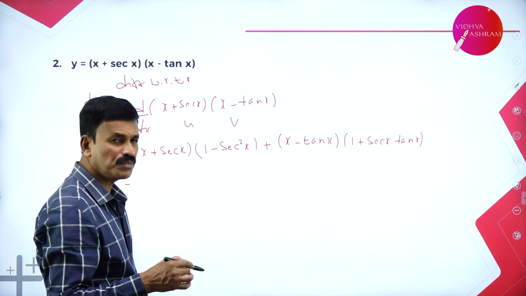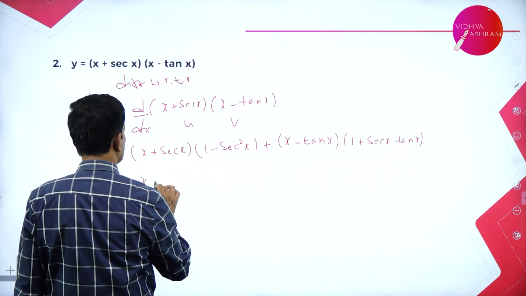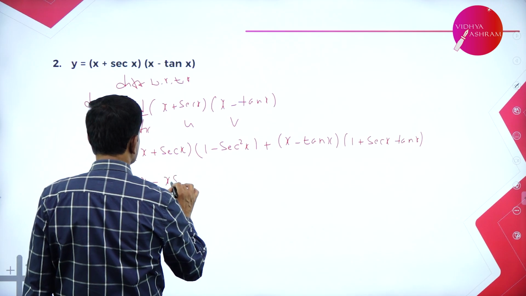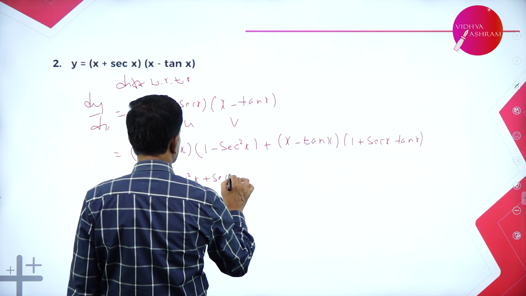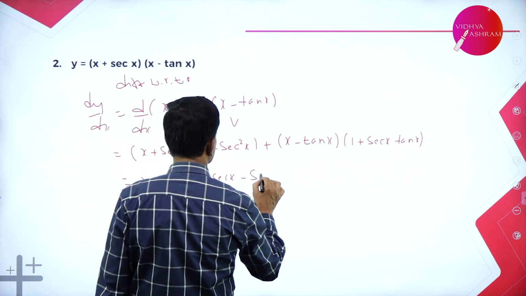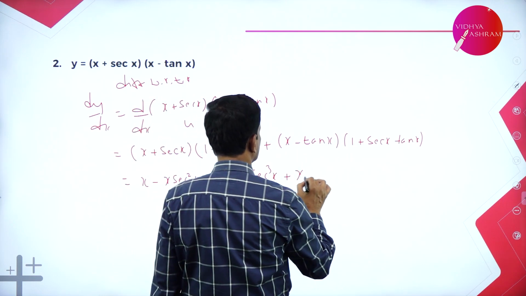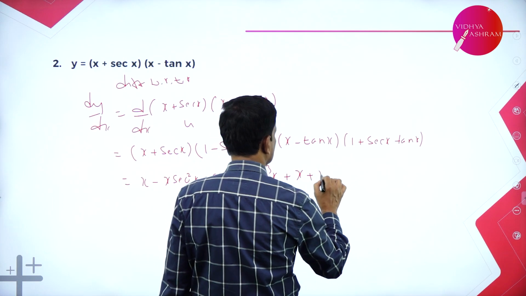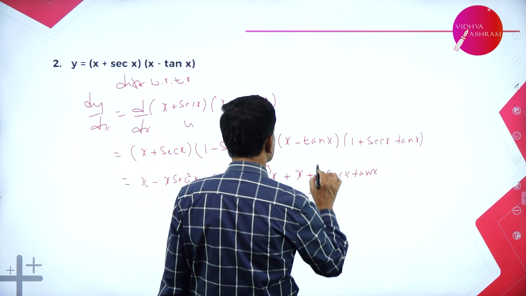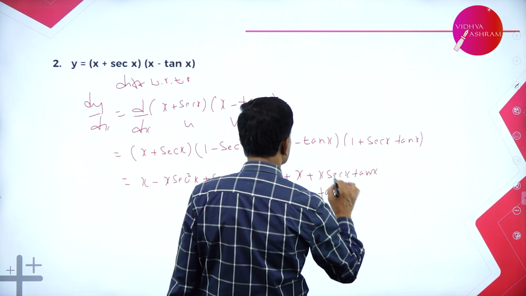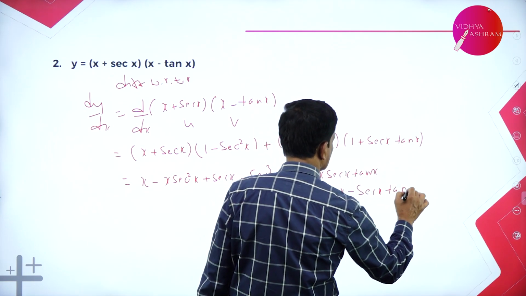If you want, you can multiply. x into 1 is x, minus x secant square x, again with secant x, 1 into secant x is secant x, minus secant into secant square is secant cube x, plus similarly x into 1 is x, plus x secant x tan x, again minus 1 into tan x is tan x, minus into plus minus secant x tan into tan is tan square x.